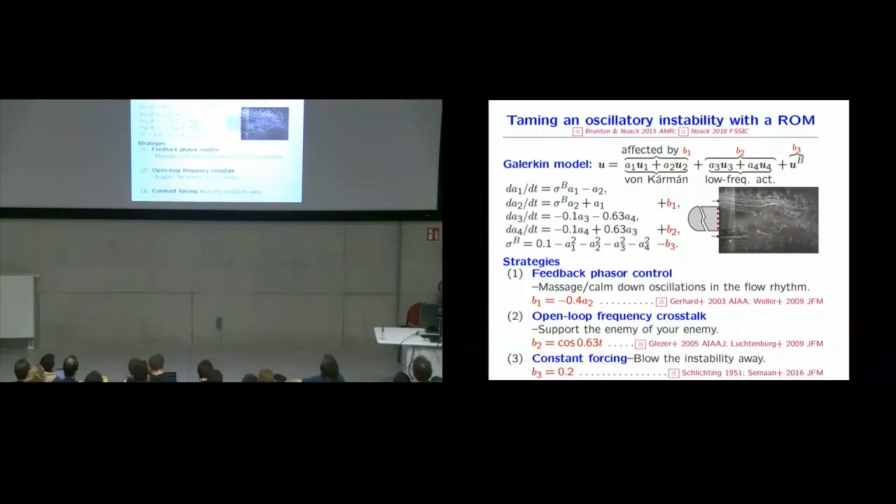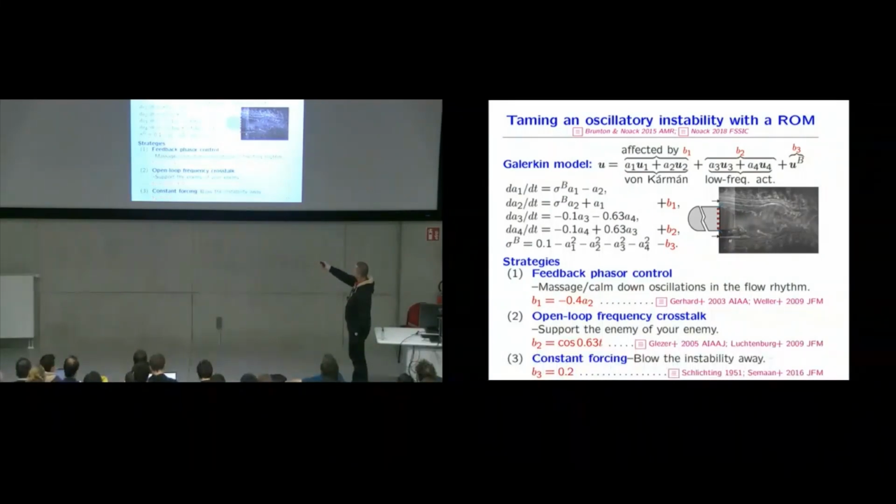So the mechanisms which we have learned now for stabilizing an instability may be encapsulated in this model here. We have one component from Karman vortex shedding, another component could be low or high frequency shedding, and we have a base flow variation.